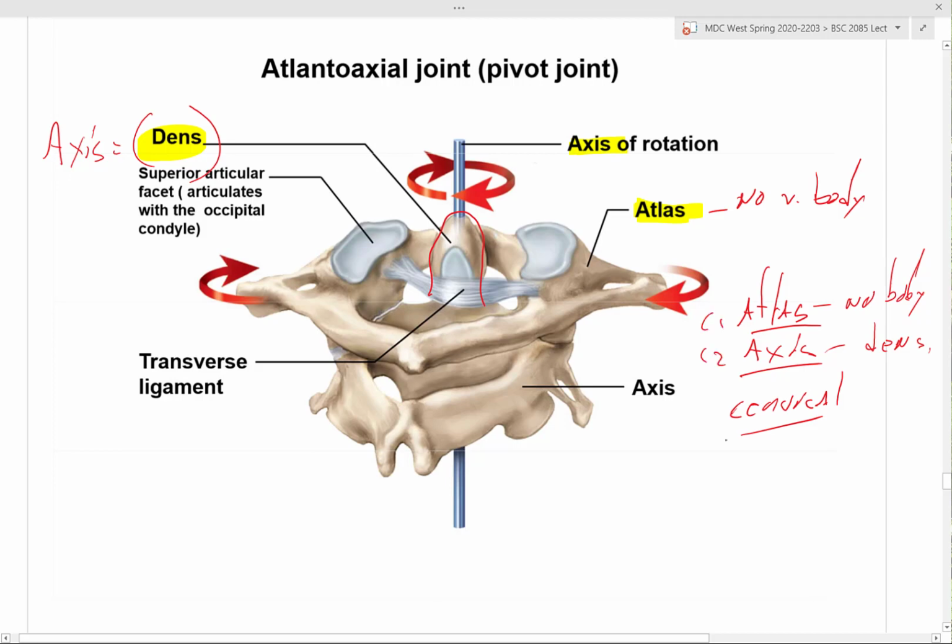For the rest of all the cervical vertebrae, what is there only to them? And that is that tiny orifice right here. Can you guys see the orifice right here? That is known as the transverse what? Foramina or foramen. Okay? So we're done with the cervicals.